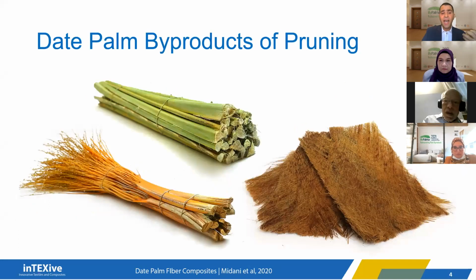By looking at the different byproducts of pruning of date palm, I found them very diverse, including this beautiful fibrous sheath that surrounds the trunk, in addition to the frond stalk, the fruit stalk, and the leaflets. I was able to relate this with what I understand about leaf fibers, and I thought we can extract textile fibers from these byproducts.